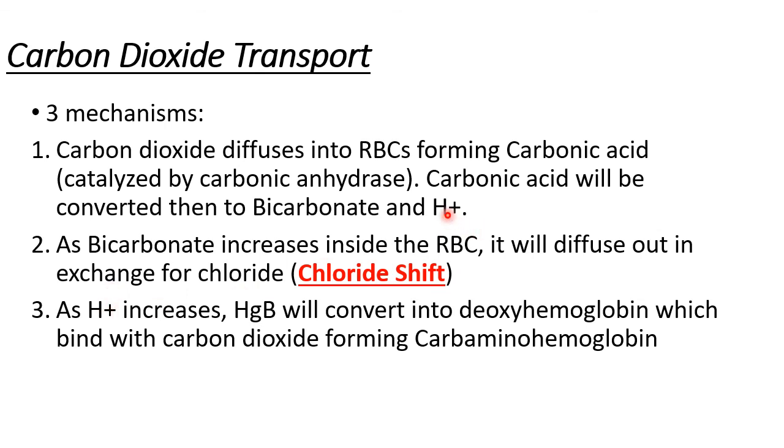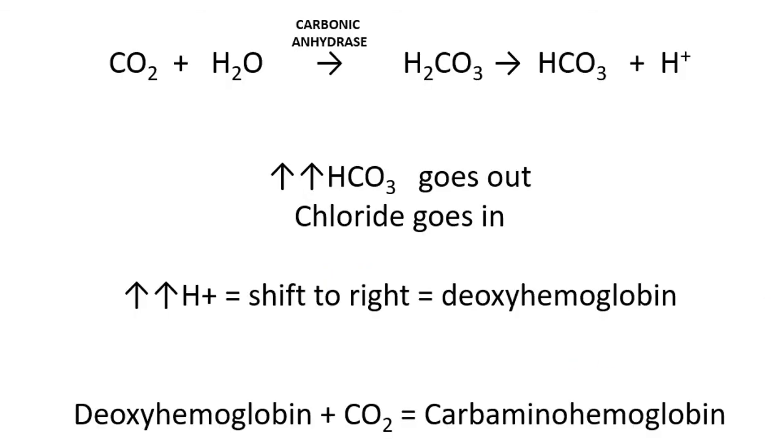And kapag naman dumadami na yung hydrogen sa loob ng RBC, ang hemoglobin will be then converted into deoxyhemoglobin dahil marirelease niya yung kanyang oxygen. Remember kanina, as it increases yung hydrogen, it will decrease the oxygen affinity. Kapag naging deoxyhemoglobin na, no, libre na lahat ng ports, so doon na magbabind si carbon dioxide forming your carbaminohemoglobin.